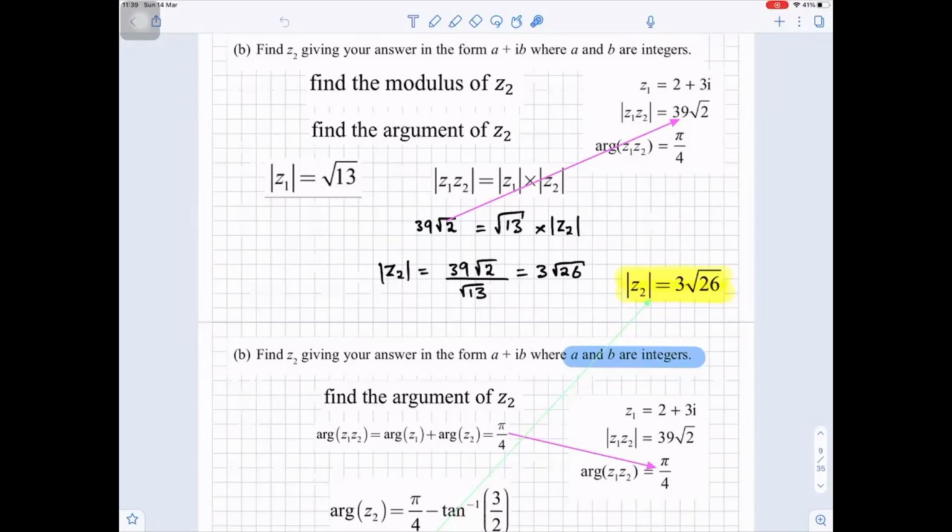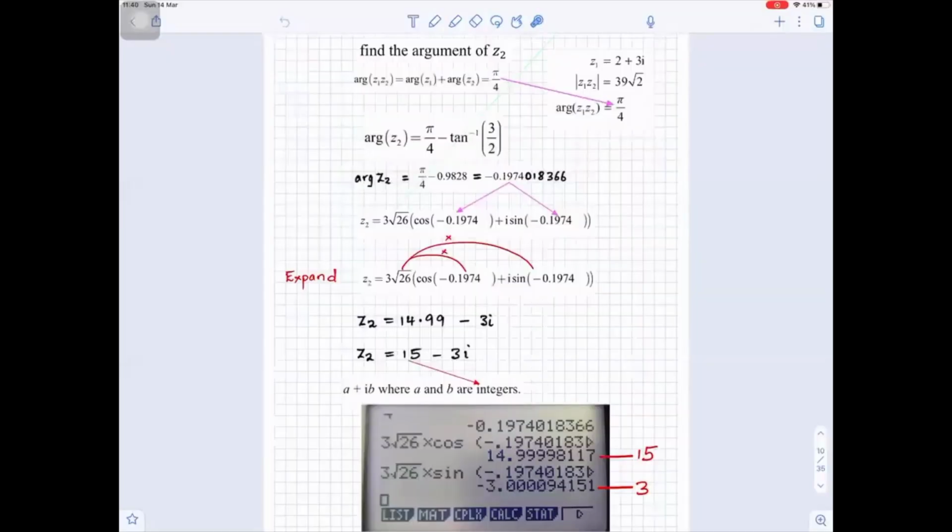Now we want to find the argument of Z2. We use this formula: the argument of z1 z2 is equal to the argument of z1 plus the argument of z2. And they told us that the answer is pi over 4. So we substitute that pi over 4. So now to get the argument of z2, we make it the subject.